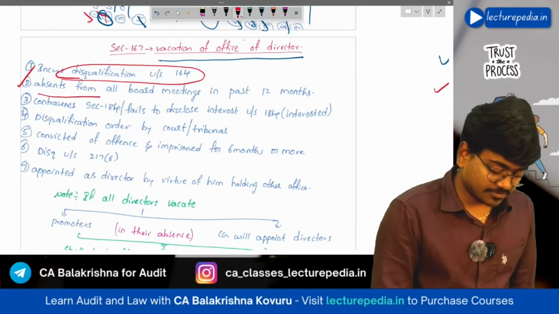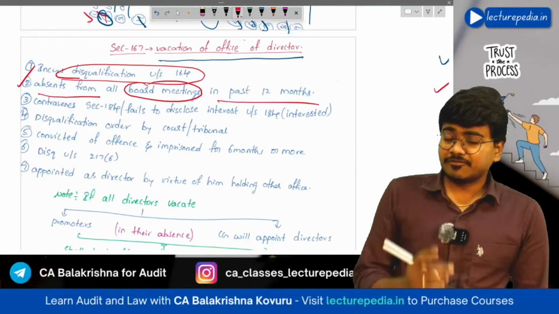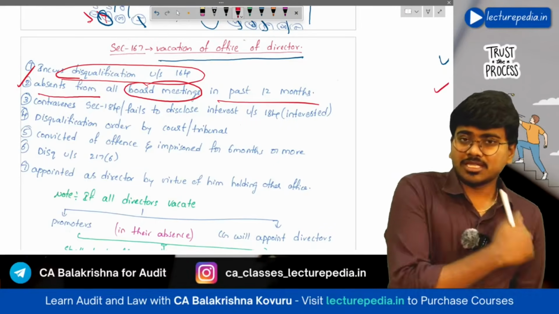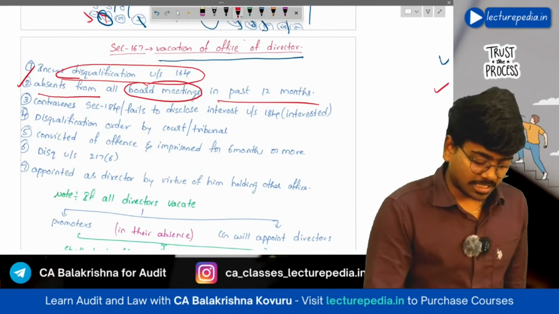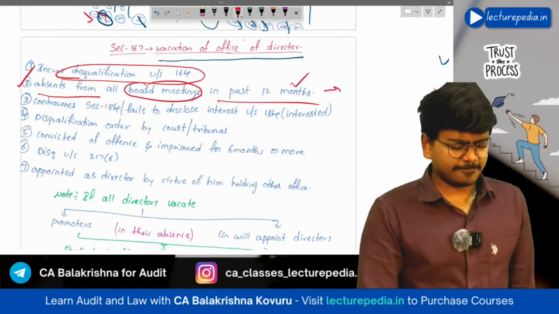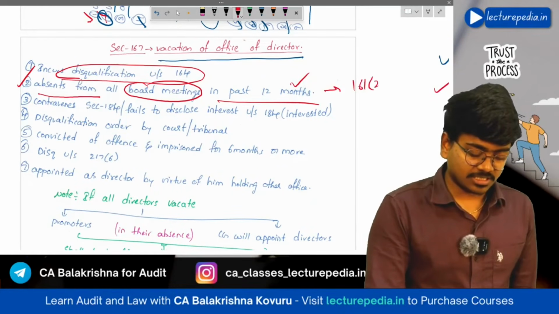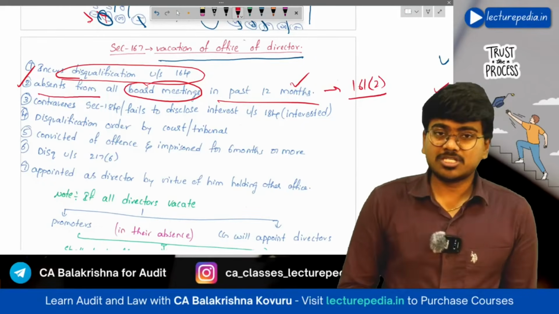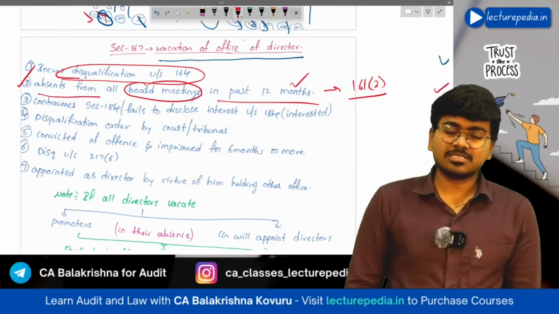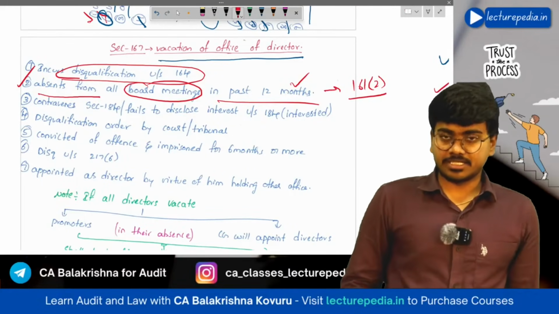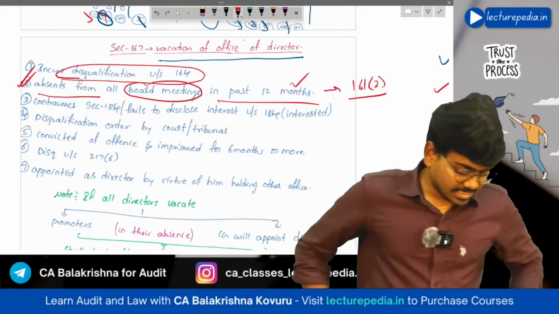If he absents himself from all board meetings in the past 12 months, then also he has to vacate his office. This point I told you while discussing alternate director, while discussing section number 161 subsection 2. If the director is on leave for more than 12 months, then a casual vacancy will be created. So this is the second situation in which a director has to vacate his office.